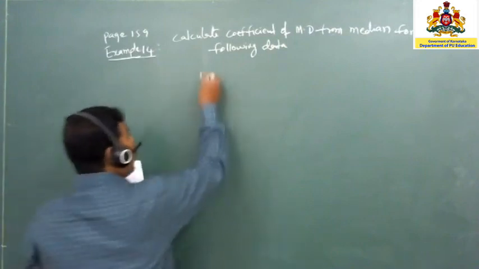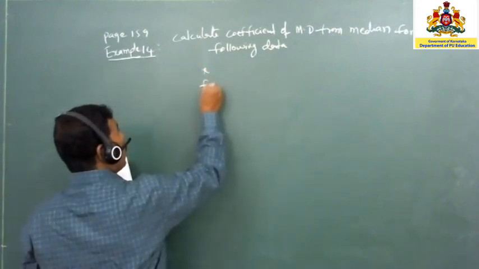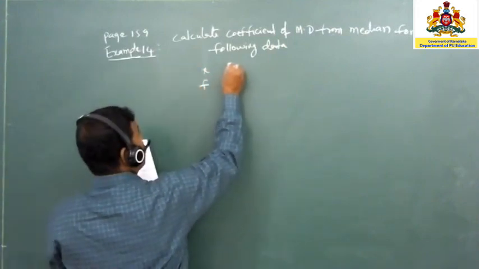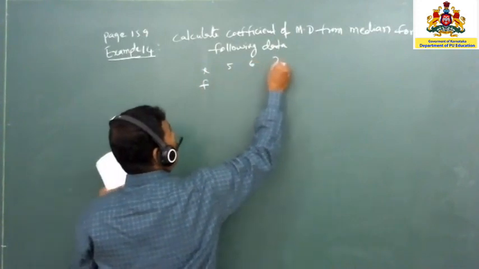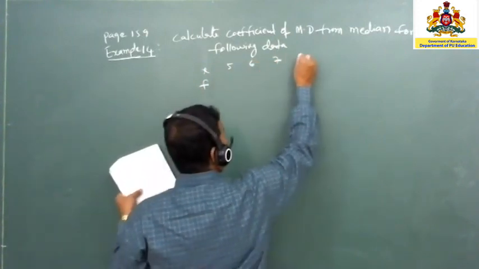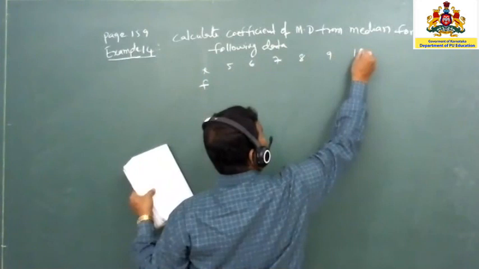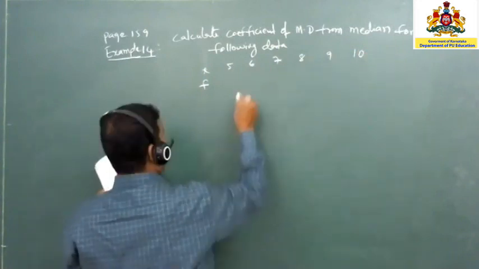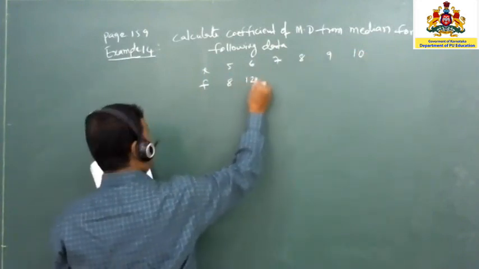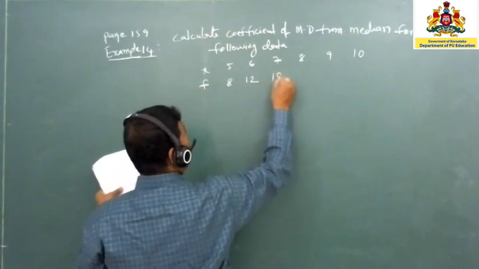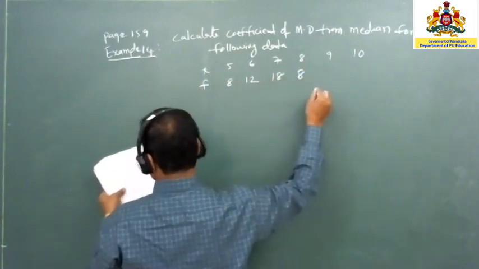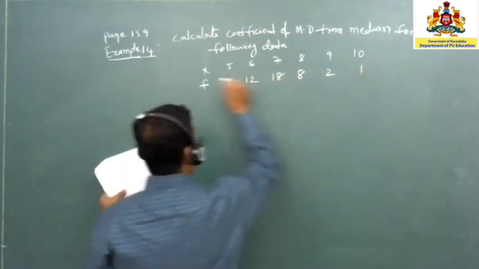Data given as X and F. X values 5, 6, 7, 8, 9, 10. F values 8, 12, 18, 8, 2, 1.